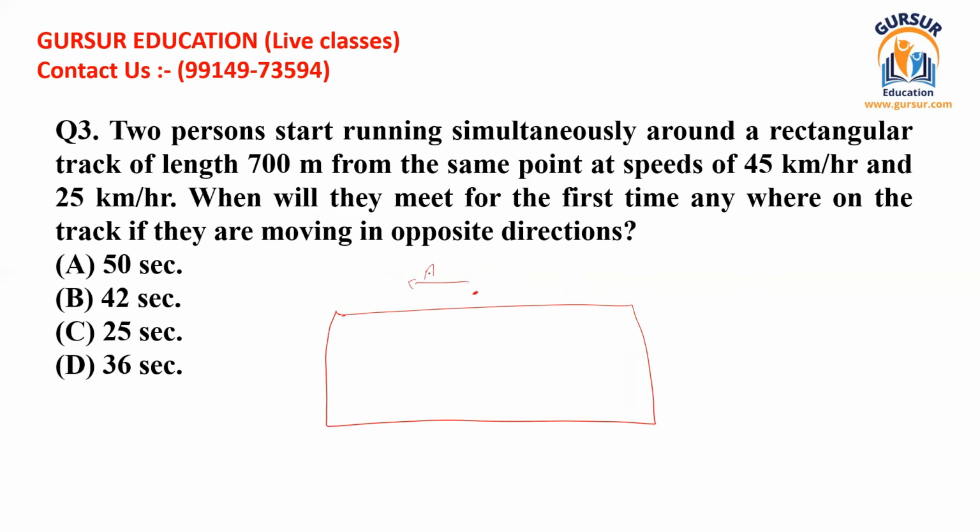A is going on this side and B is going on this side. A's speed is 45 kilometers per hour and B's speed is 25 kilometers per hour, and we have been asked at what time they shall meet. So he is running from this side, he is running from this side, and the question is asking when they shall meet each other. So this is basically the description of the question.